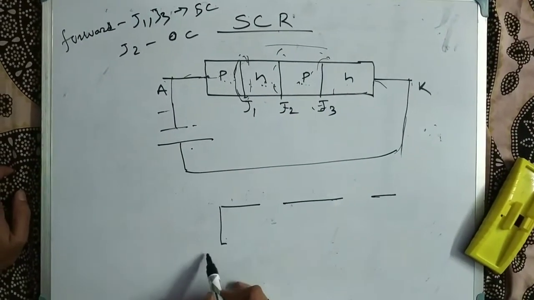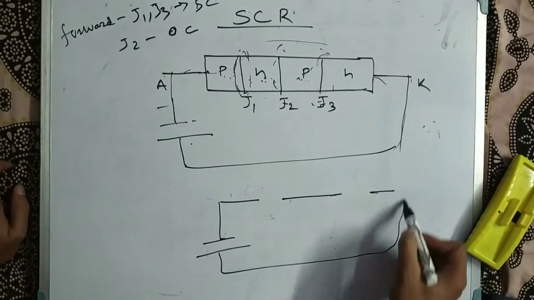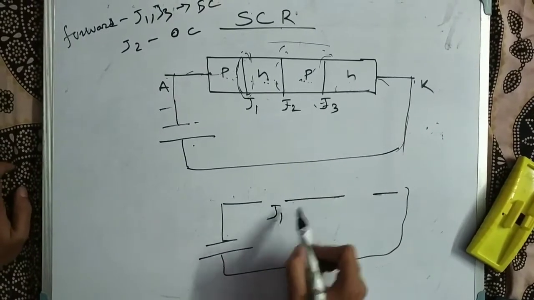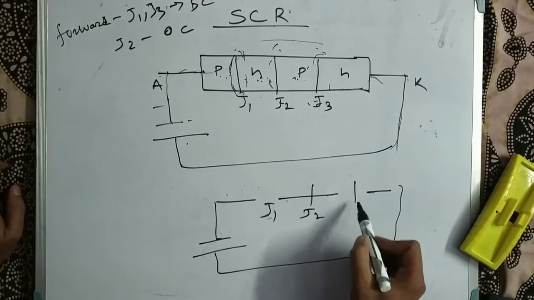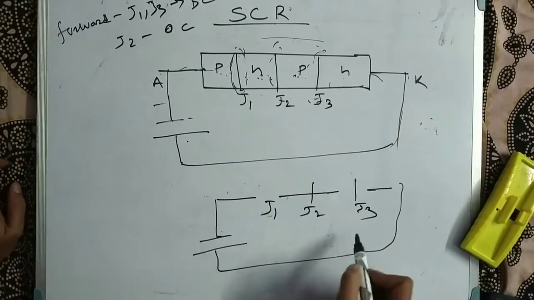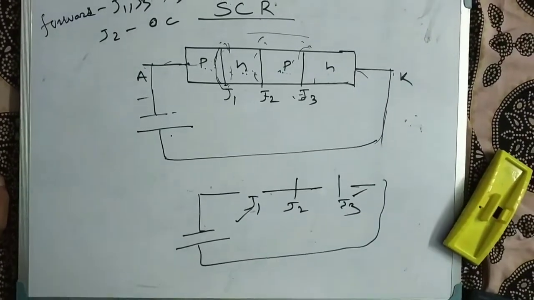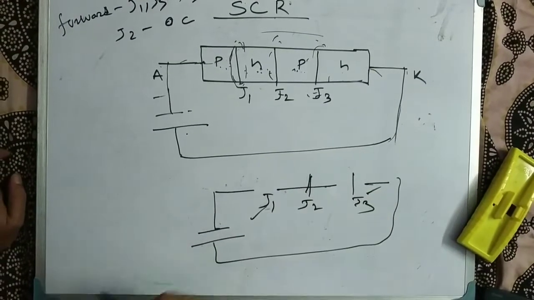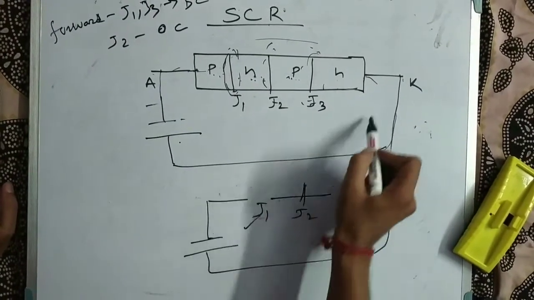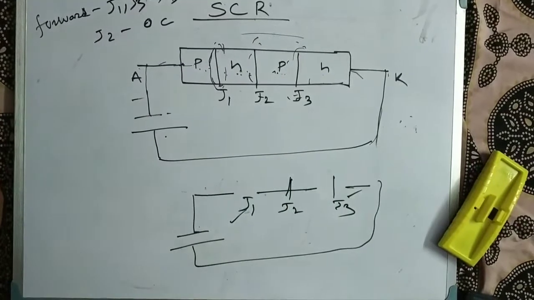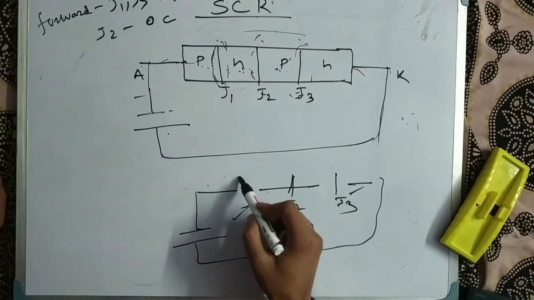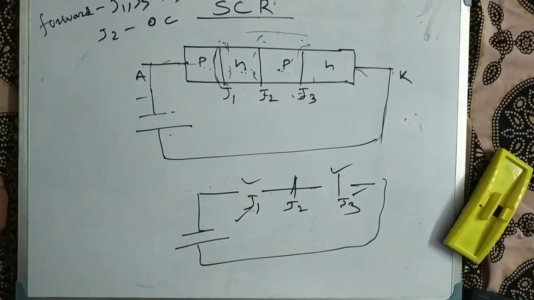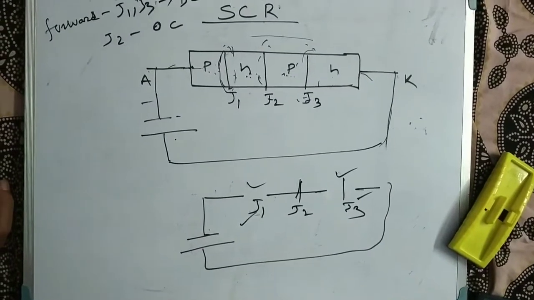So now the circuit will be like this: J1, J2, J3. For reverse bias condition, J1 and J3 are open circuited and J2 is short circuited. Will this semiconductor device conduct? No, because there are two open circuited junctions, so current will not flow.